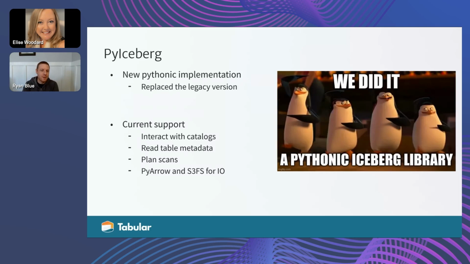All right. So the first thing I want to talk about is PyIceberg. I'm really excited about PyIceberg. The old Python implementation that we've been calling the legacy version was really based on Java.